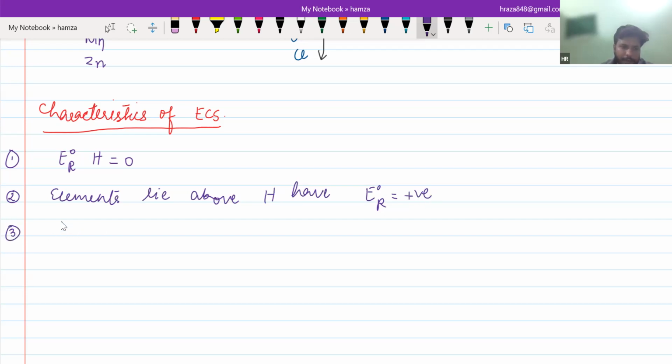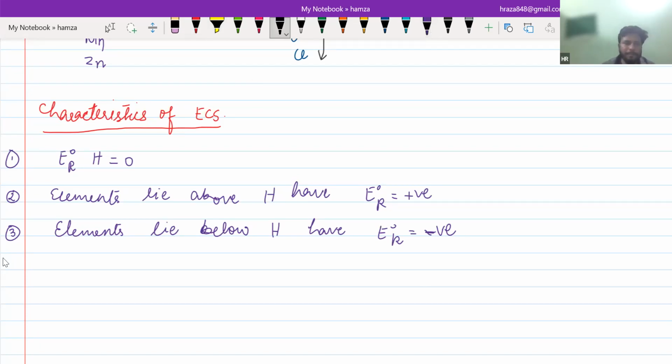Third point, elements that lie below hydrogen have E naught R negative. According to my series, in NCERT, a positive value of E naught R is given first and then 0 and then negative. But in my table, you can see negative value, then 0 and then positive.